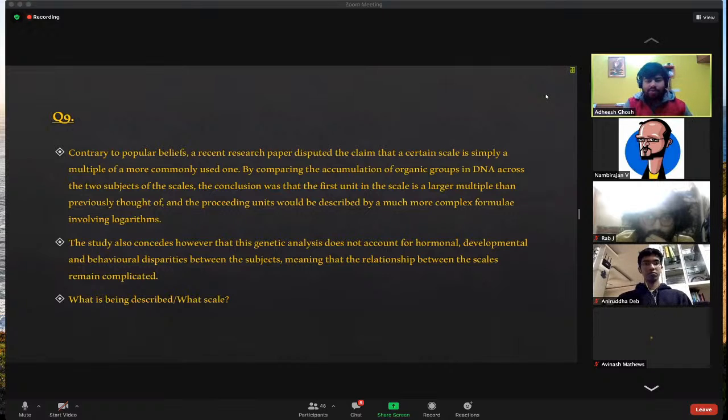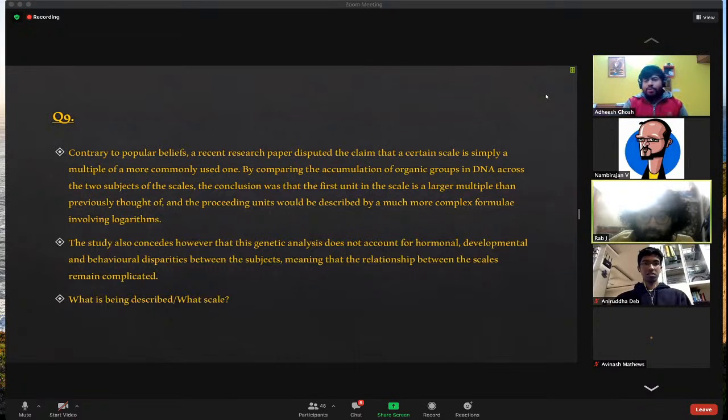So what is being described right now, or what scale? You can either give me what the scale is simply, or if you know the scale, if you got to the scale, that's essentially the answer. And what I'm asking about is that certain scale, not the commonly used one. I want the certain scale. Wait, is there a proper name for this?